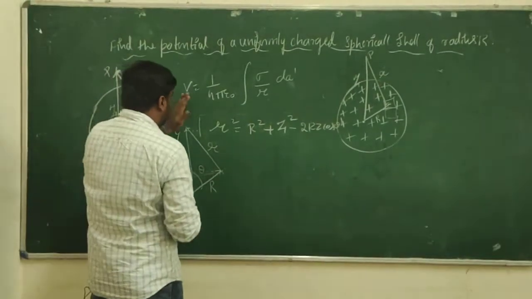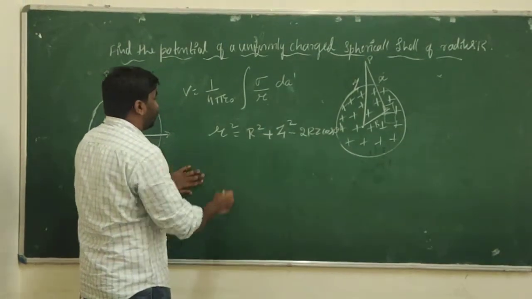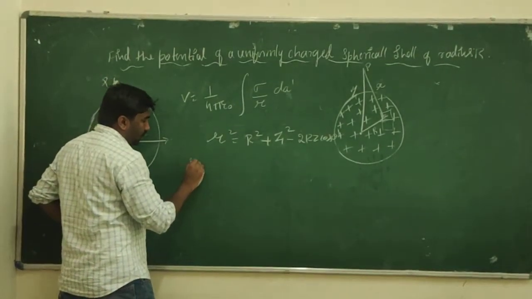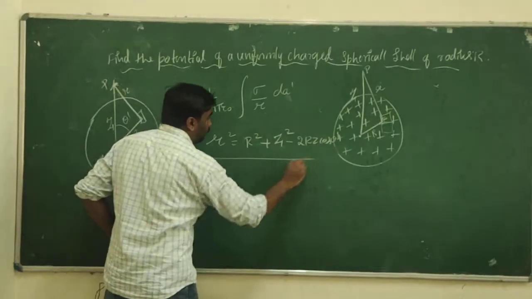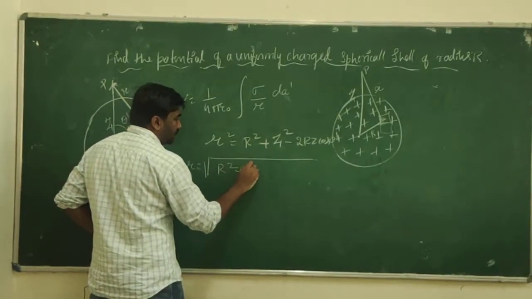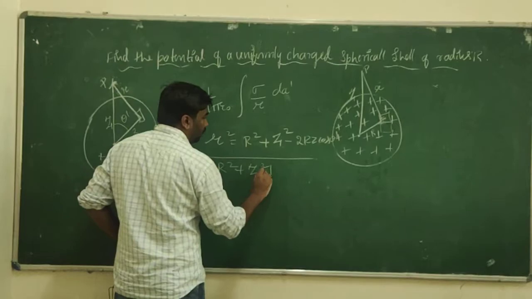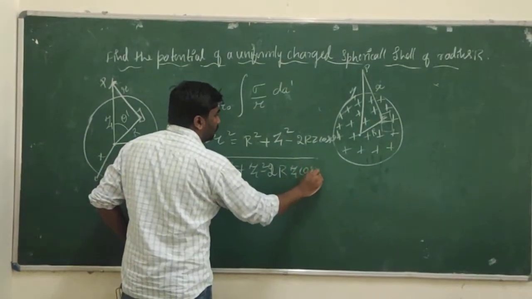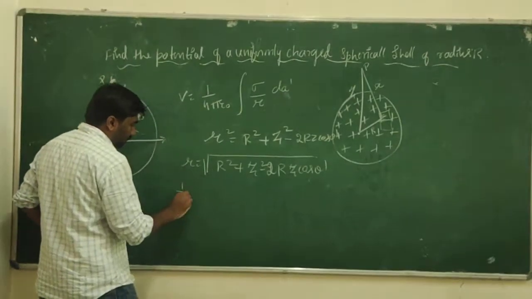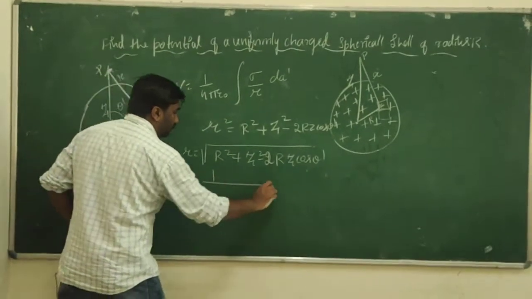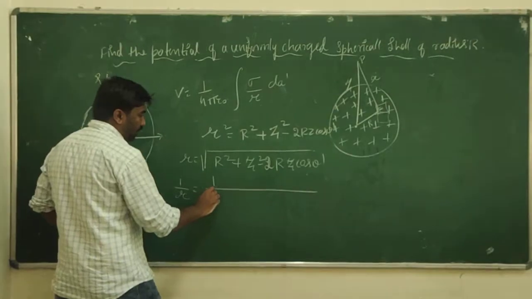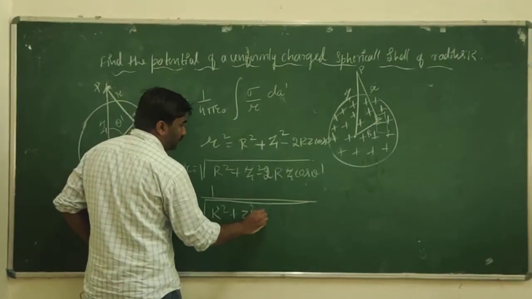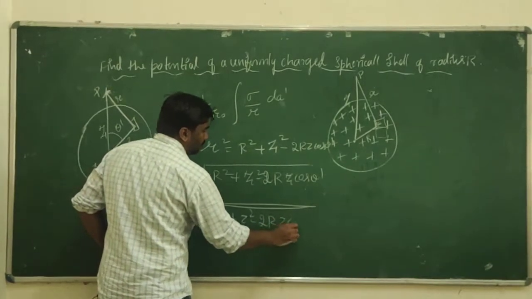Next, we need only 1 by r. So r is equal to the square root of r square plus z square minus 2rz cos theta dash, and 1 by r is equal to 1 divided by the square root of r square plus z square minus 2rz cos theta dash.